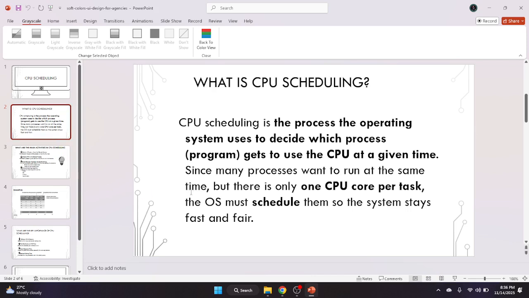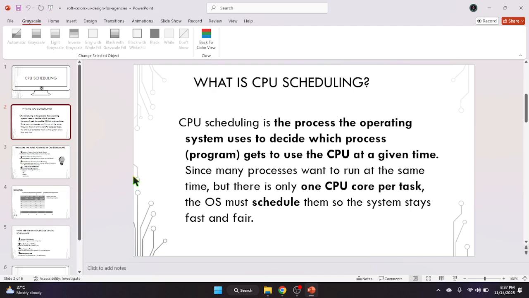So CPU scheduling is the method the OS uses to choose which process or program should use the CPU next, because many programs want to run at the same time, but the CPU can only work on one task at a time per core.